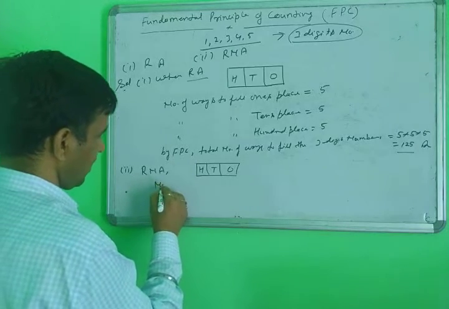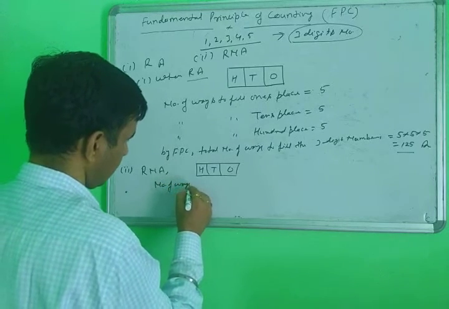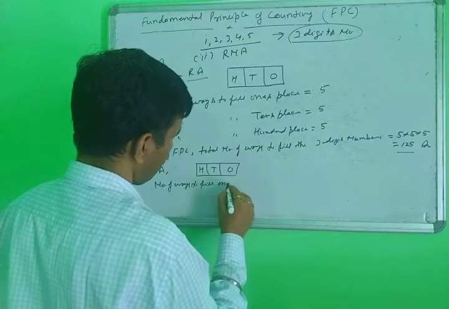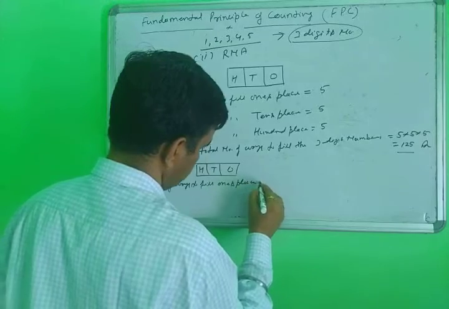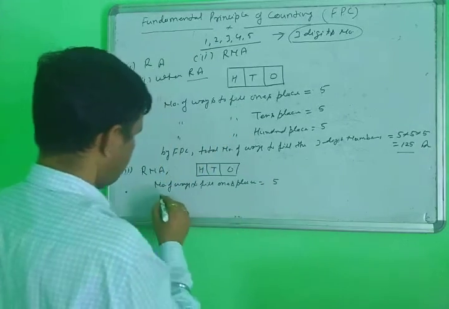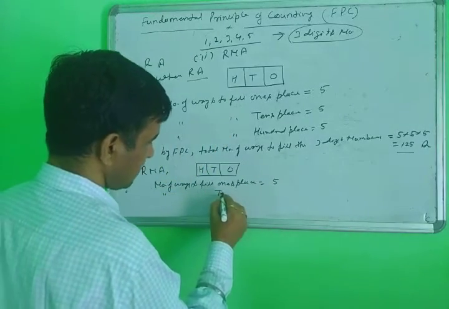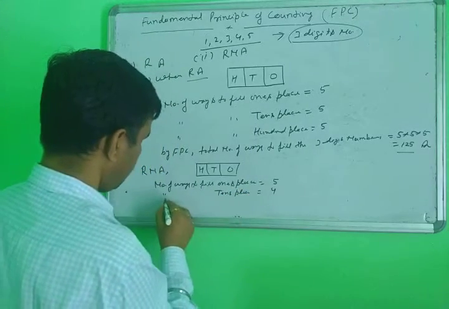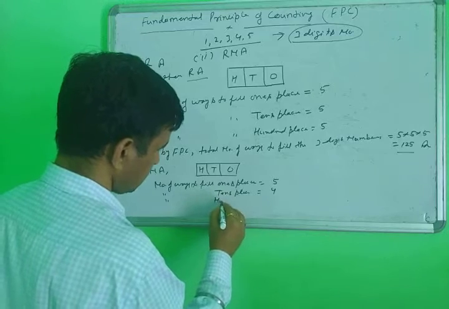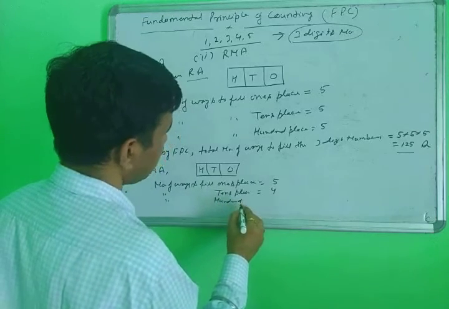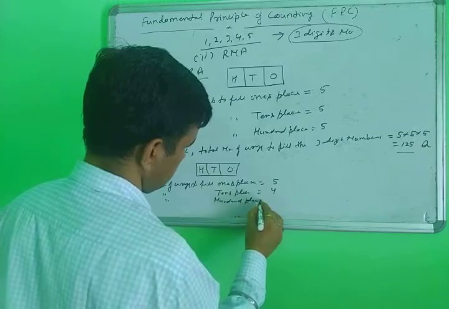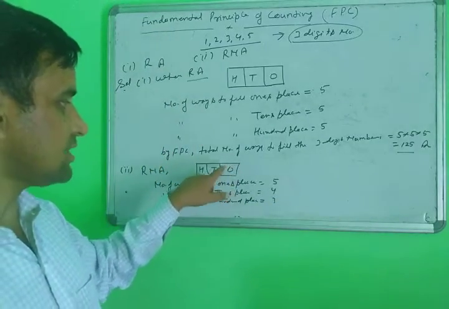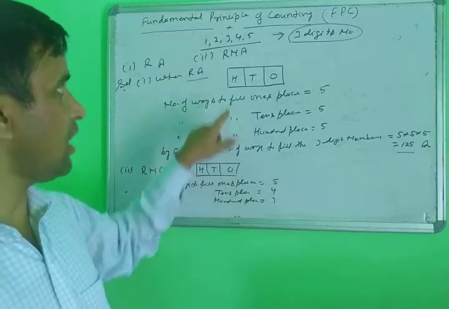The number of ways to fill the ones place is 5, the number of ways to fill the tens place is 4, and the number of ways to fill the hundreds place is 3. Maximum choice is in the ones place, because you have 5 digits.